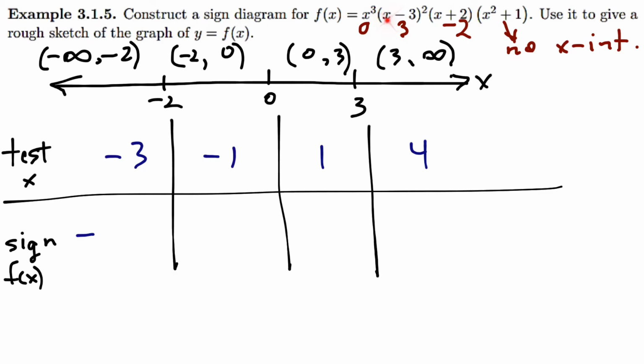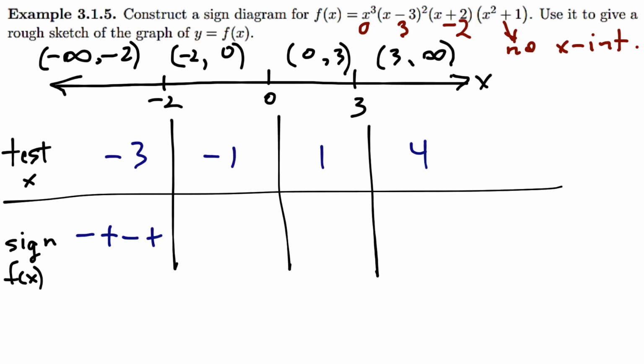Then here I've got -3 minus 3, that's negative. Squaring a negative gives you a positive, so it's positive for that piece. And then this one here, -3 plus 2 is -1, so that's a negative. And then the last piece, I've got a square of a negative plus a positive, so this is a positive plus a positive, which is always going to be a positive number.